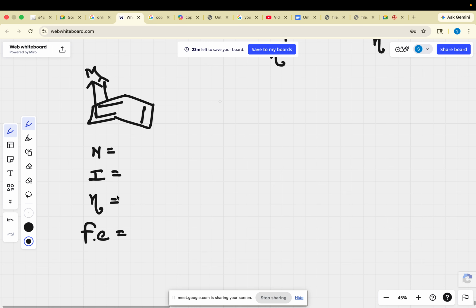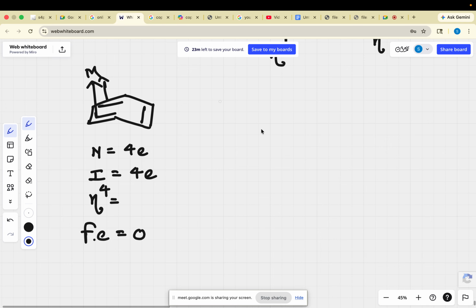Tell me. In neutral method 4 electrons, ionic also 4, eta value is 4, and formal charge 0.